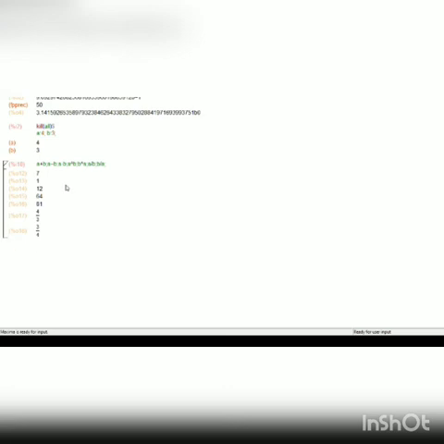If I use kill all and if I call A plus B, see, it will not give you the value because the temporarily stored values are deleted. Once you use the kill all command, it deletes all the temporarily stored values. So A, B are unknown now. Once again you have to assign the value for A and B and then calculate. Then it works. So this is how you can do the arithmetic operations.